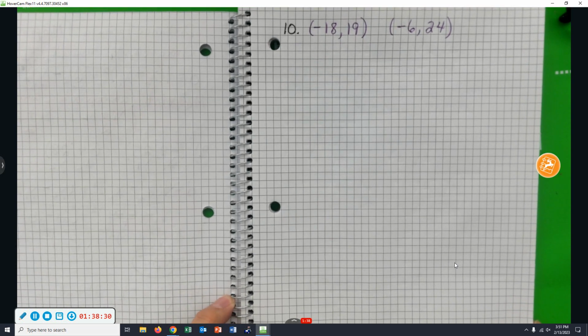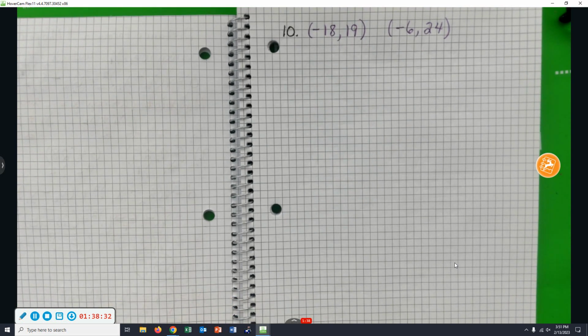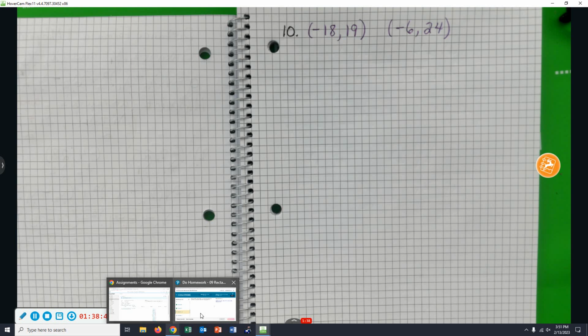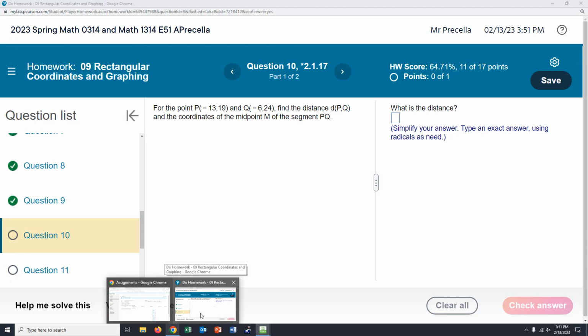So, I will call the... It is 13. Oh, okay, I'm sorry about that. Oh, good, I'm glad you pointed that out. It is a negative 13. Oh gosh. Negative 13.